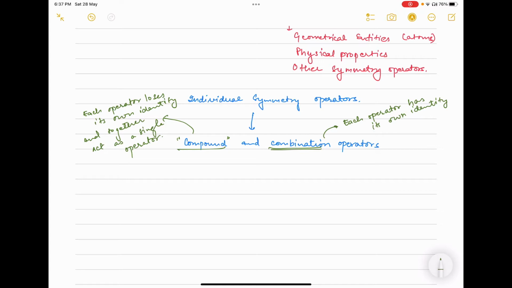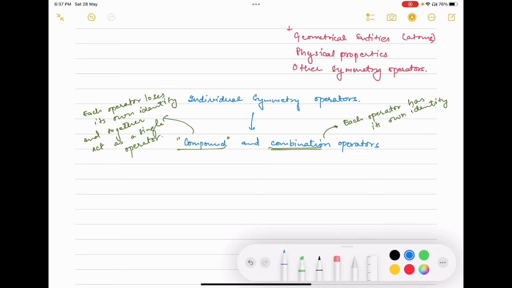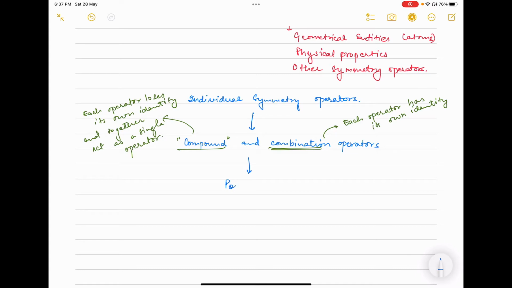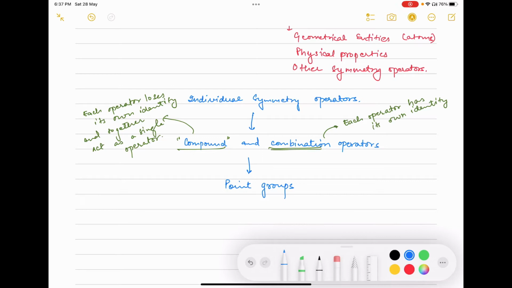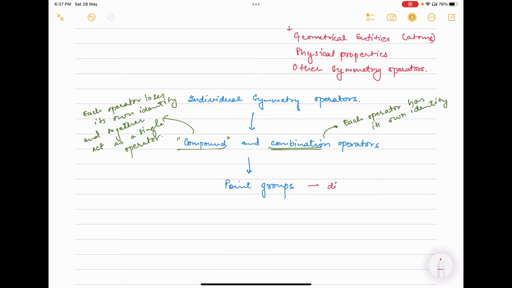Okay. These then combine to give us point groups, that are different combinations of symmetry operators without the translational one.